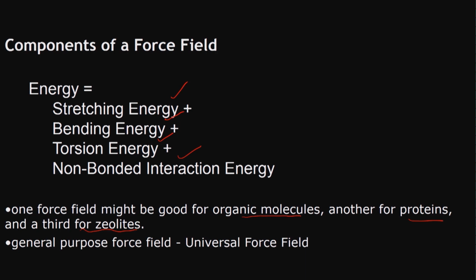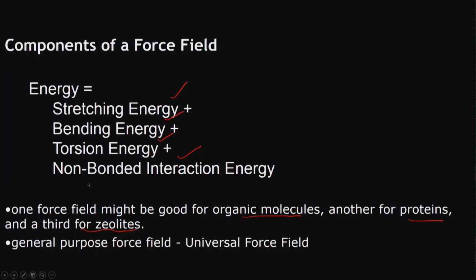So there are many different software packages and many different force fields, depending upon what parameters they have and what approximations each of these force fields has taken. So the energy of a molecule is made up of 4 terms: bond stretching, bending, torsion, and non-bonded interaction. We will look at each one of these terms now in more detail.